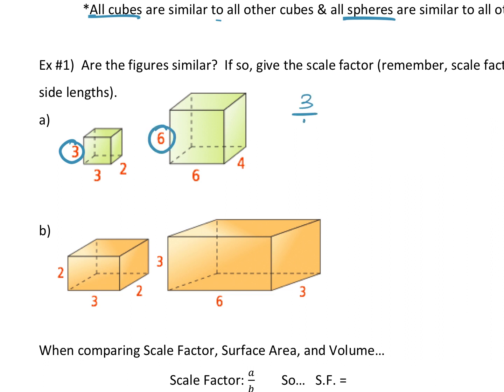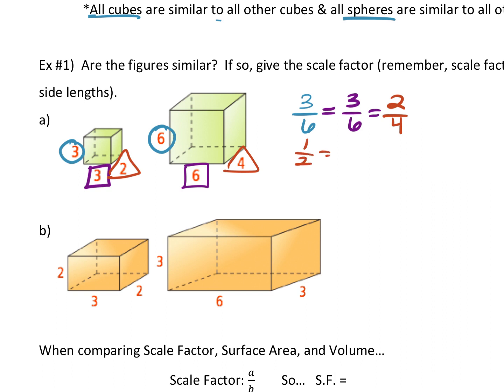So 3 to 6 would have to equal, this 3 would correspond to this 6. And the last one, the 2, would correspond to the 4. Are those equal? Yeah. What's your scale factor? 1 to 2, right? This is 1/2, this is 1/2, this is 1/2.